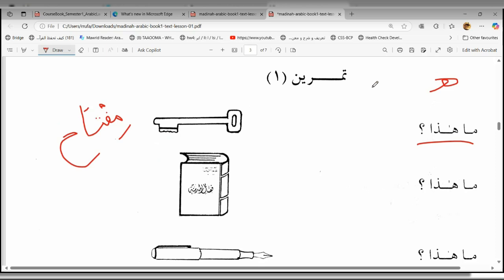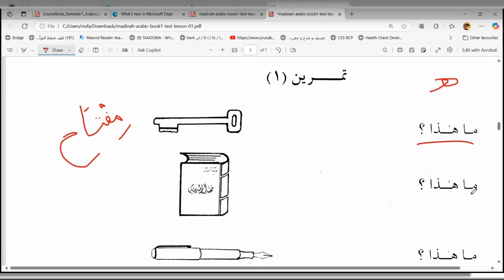I don't know if you can catch the difference? Keep your tongue flat when you say it. Ha. Yes. So haza miftah. Very good. Thank you.